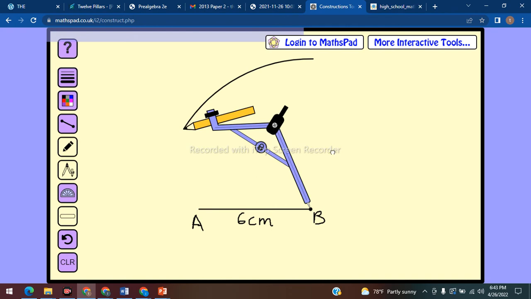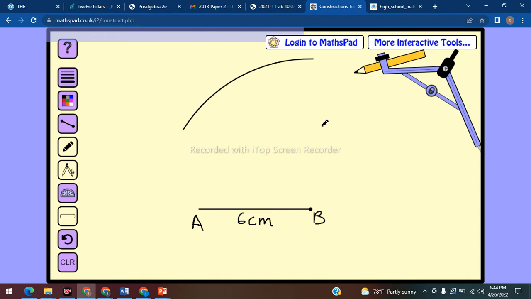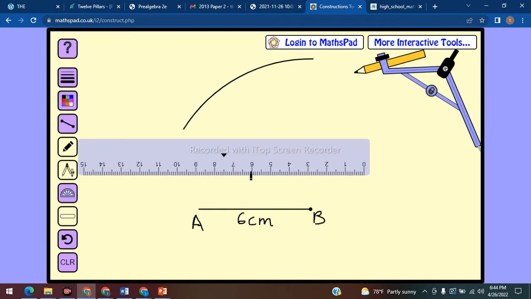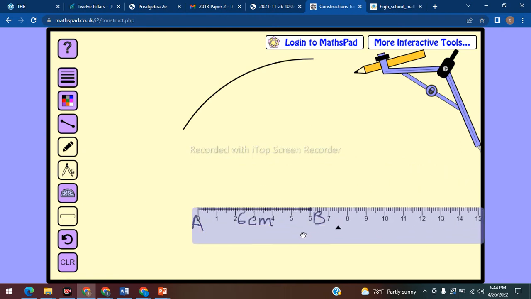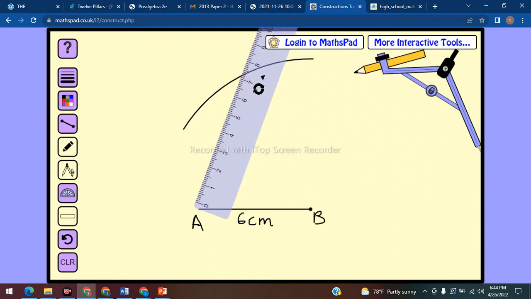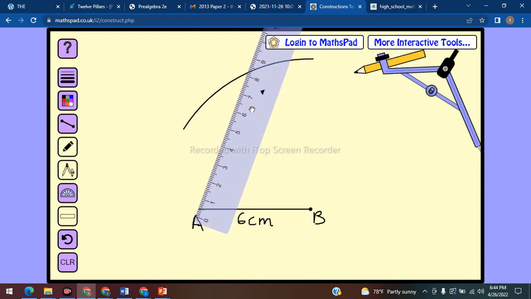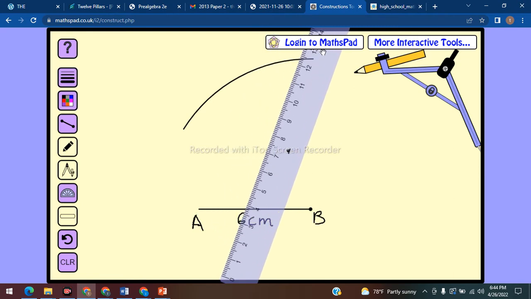Because my compass can't go 10 centimeters, I'll have to draw 10 centimeters from this point. So this is 0. The one I just drew is 8. So I need 10.